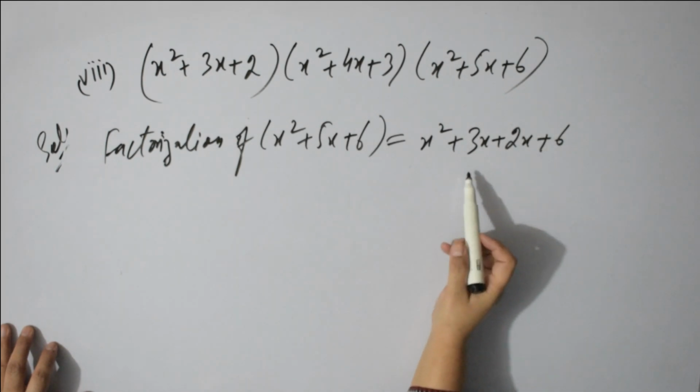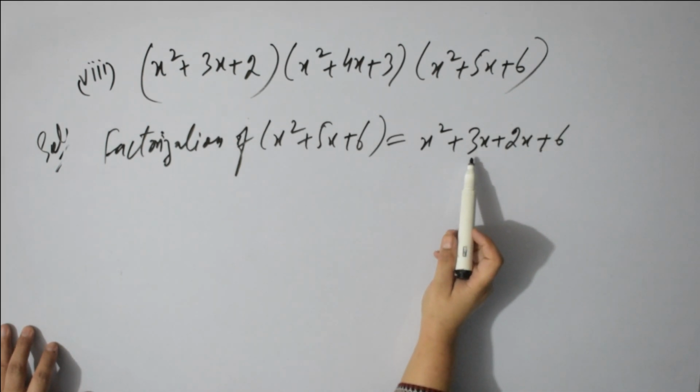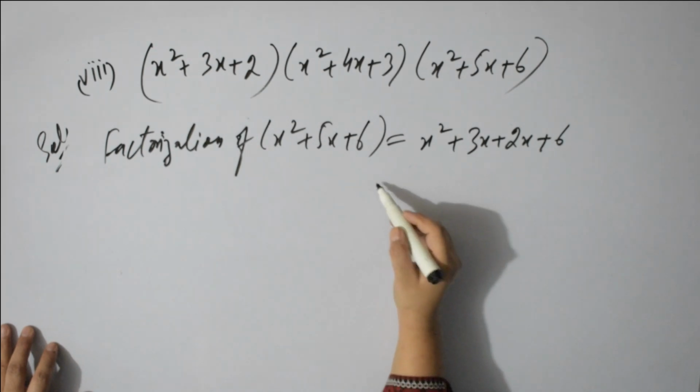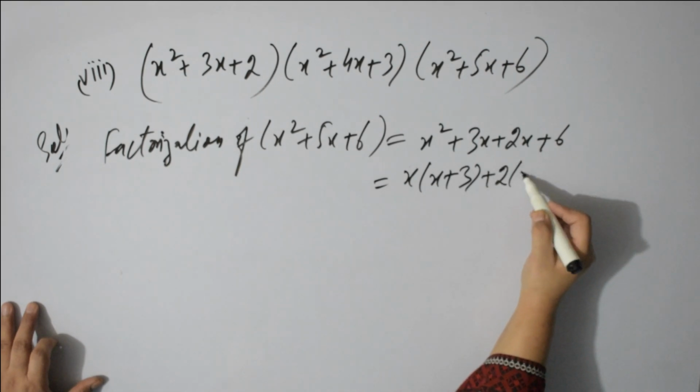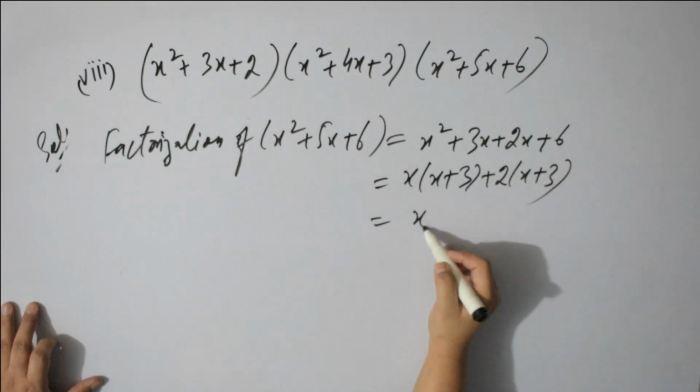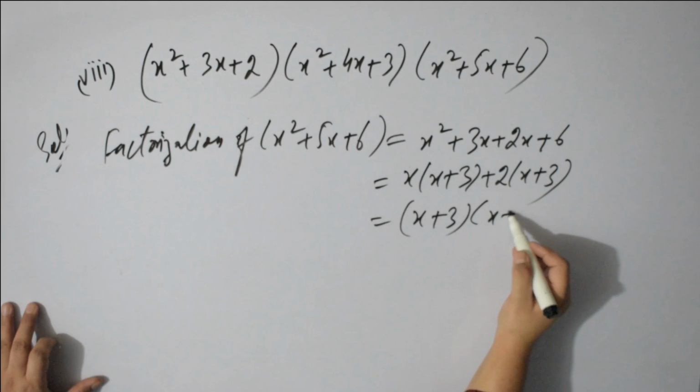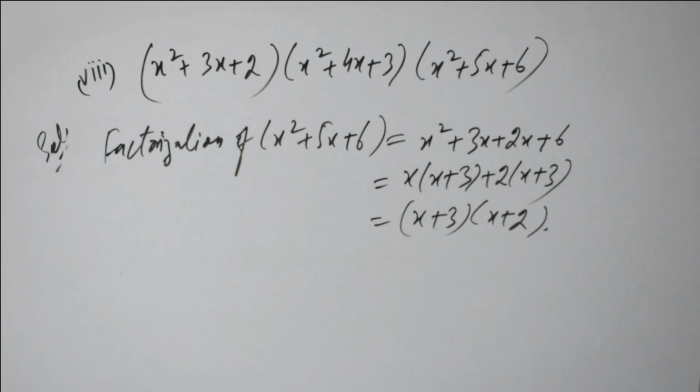On multiplication I will get 6x, and on addition plus 5, x plus 3 and x plus 2. Okay, all my factorization is completed.